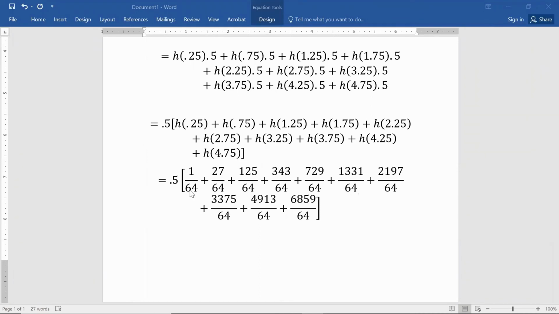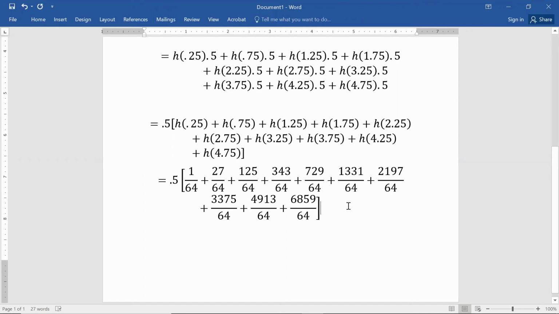Now, I used fractions here because it turns out when you utilize improper fractions, you're dividing by 64 each time, and these fractions are really easy to add up. You can add 1 plus 27 plus 125, and so on and so forth. And then divide my final answer by 64, since each of them has a denominator of 64. And then once I get that, I multiply by 0.5.